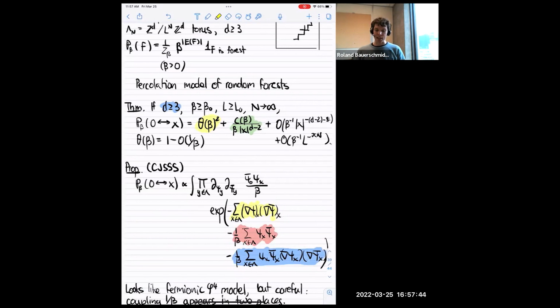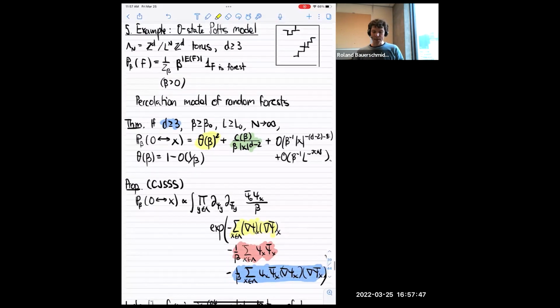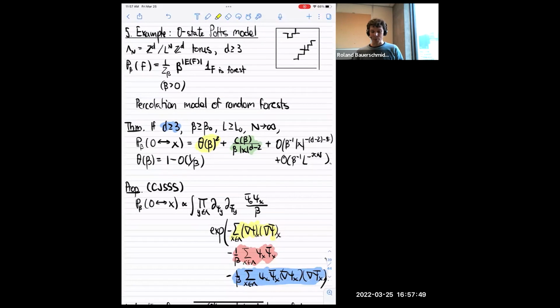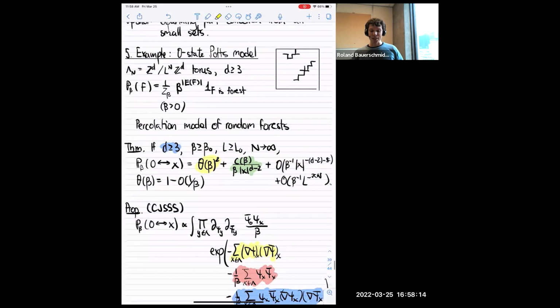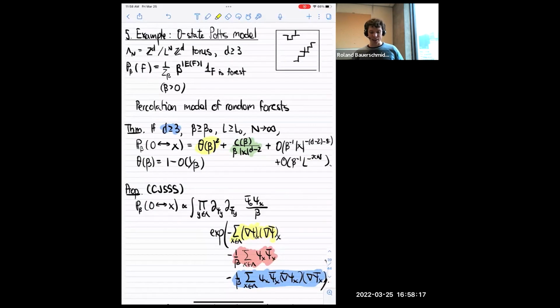I know this was a little bit quick, but I wanted to end at a point where, I think, there's a conceptually nice thing happening: how these symmetries interact with the renormalization group. Let me finish here, and if anyone is interested in learning more about any of these things, do get in touch with me. We can meet separately.